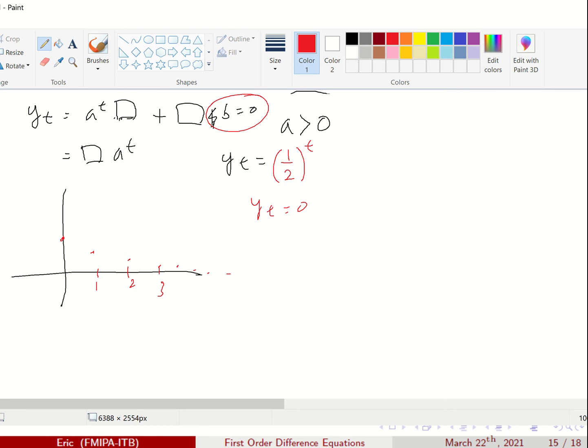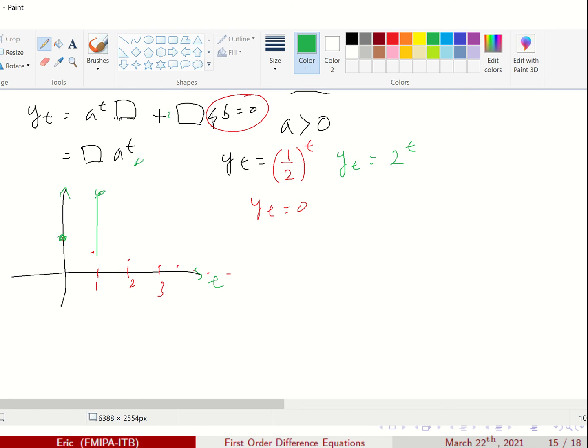What about when y_t equals 2 to the power of t? You have 1, 2, and 2 to the power of 2 is 4, 2 to the power of 3 is 8.